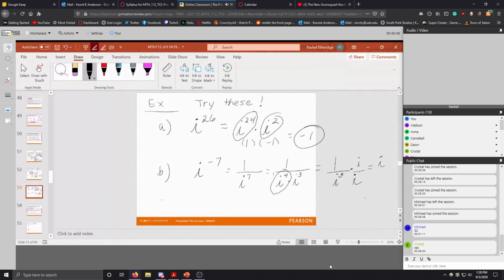That's going to give me i in the numerator and i to the 4th in the denominator, and i to the 4th is just 1. So that's just i. I didn't pick that problem on purpose. But if you think through what you're trying to get to, you're just trying not to have an i in the denominator. So the easy way on that one was just to create an i to the 4th in the denominator.